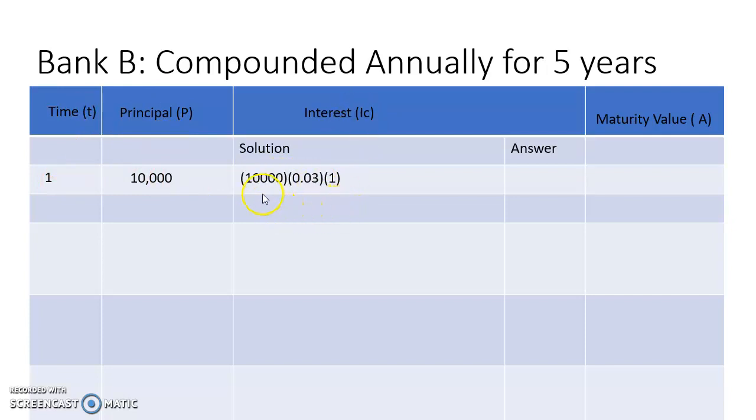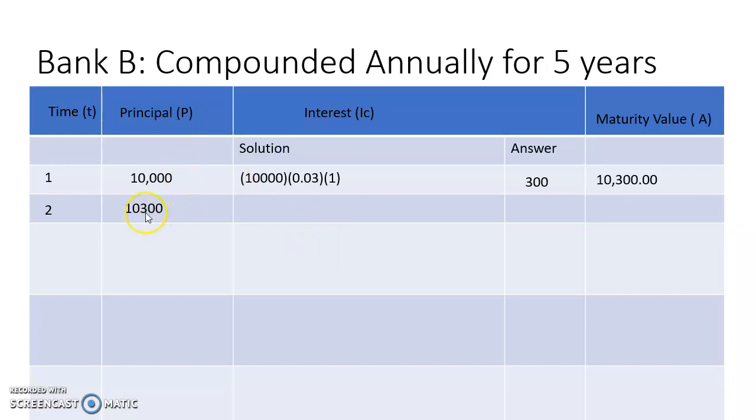The interest is computed as the principal times the interest rate 0.03 times time. So the interest is 300. The maturity value is the sum of the principal plus the interest. So it's 10,300.